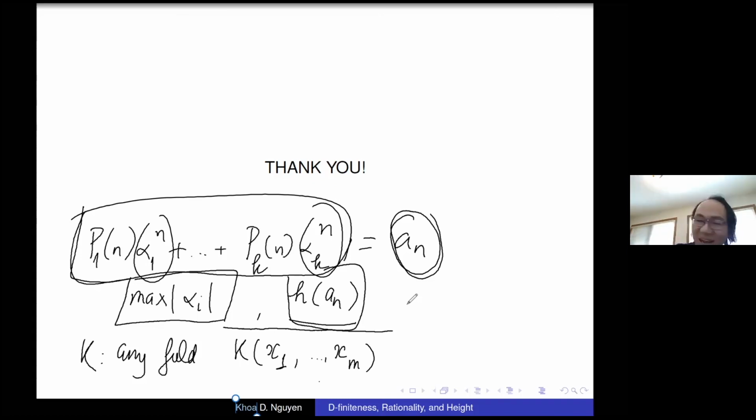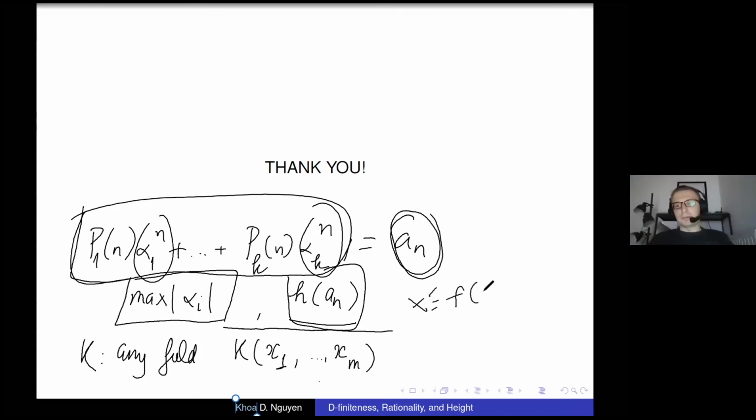I guess it really depends on f. What I meant is f is a polynomial, but not linear.